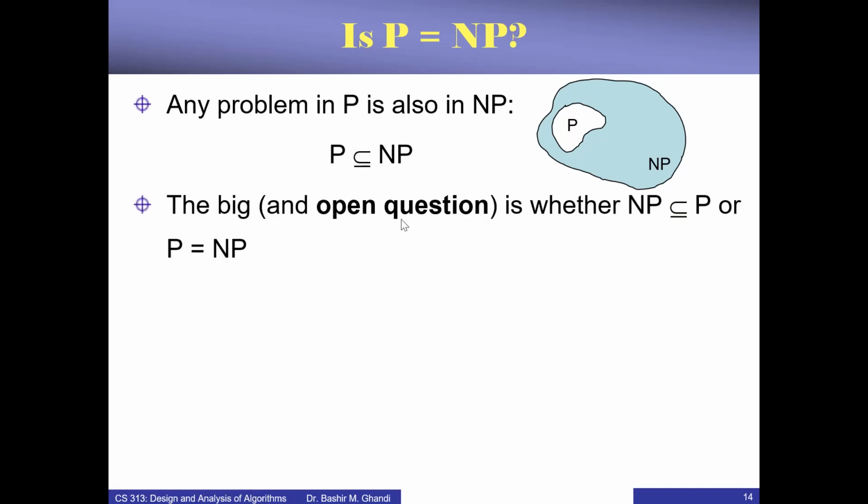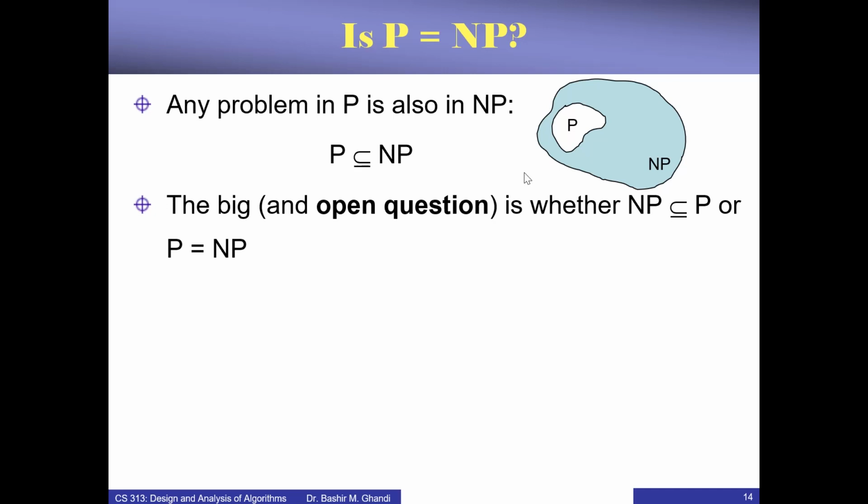The question is, what about the reverse? Can we say NP is also a subset of P? The big question, which has been an open question for many years, is whether NP is a subset of P. In other words, if you can verify a candidate solution to a problem in polynomial time, does that mean there will be a polynomial time solution to it?